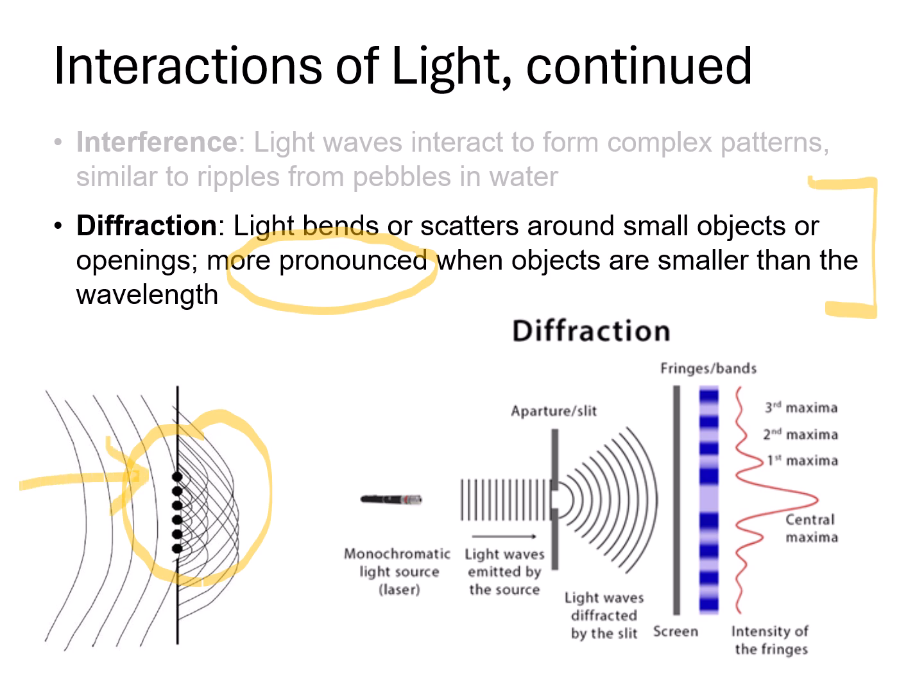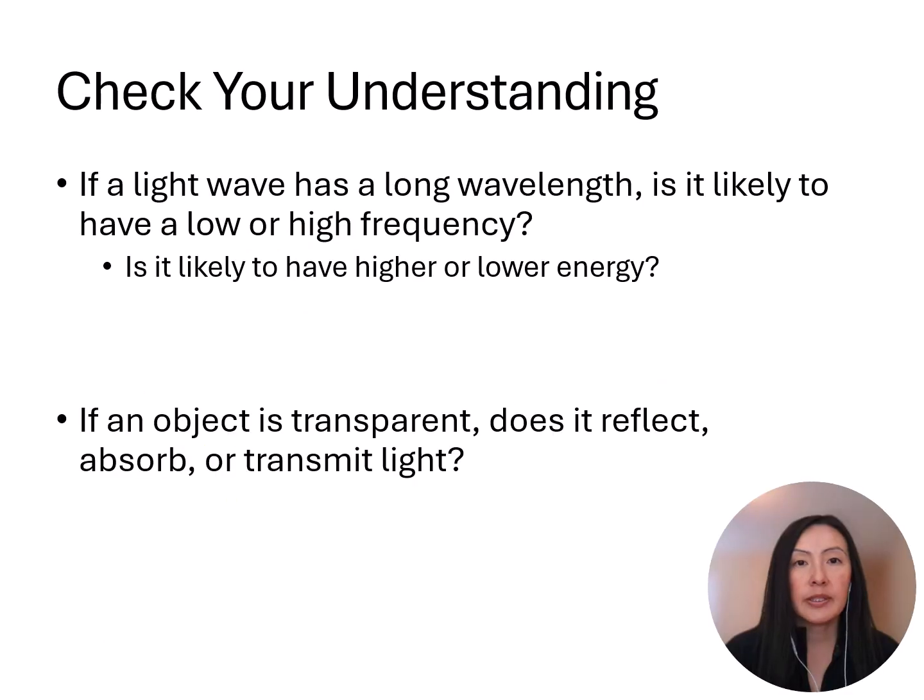But if it's small compared to the wavelength, like these shown here, then you can see there will be a lot more bending through it or spreading out around it. And ultimately, the diffraction will produce a region similar to what we saw before, containing dark and bright bands of light.